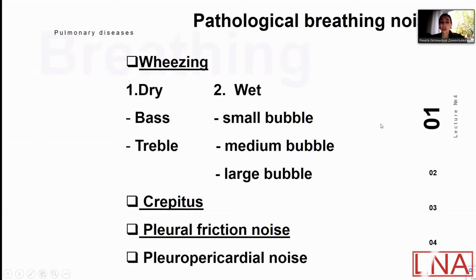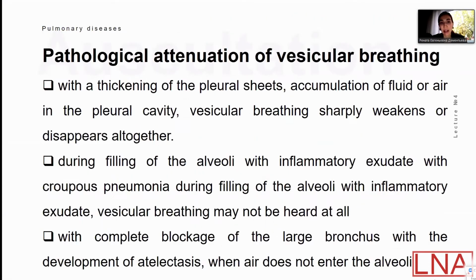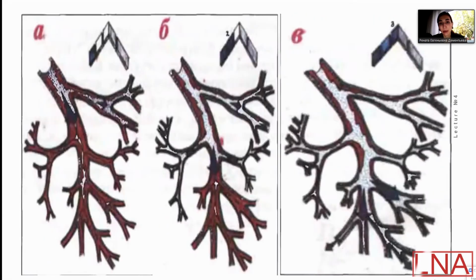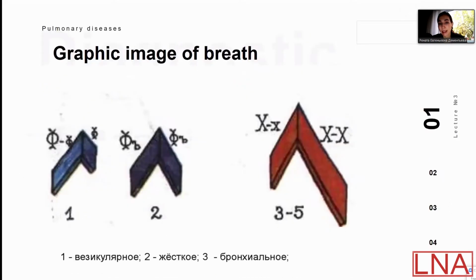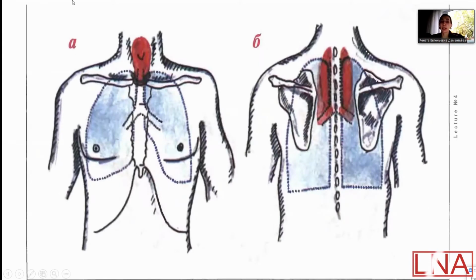About pathological breathing noise and additional breathing noise. Look, what I also want to tell you, we discussed with you such a type of breathing as laryngotracheal breathing, yes, and look, normally we determine this type of breathing in these zones above the trachea, the projection of the trachea, larynx, and above the projection of the trachea from the posterior part, on the back of the patient.